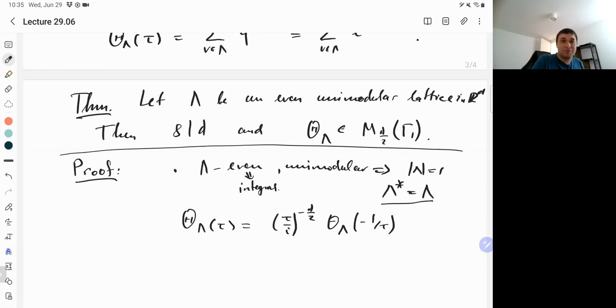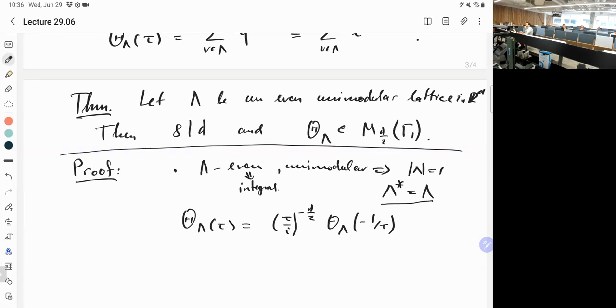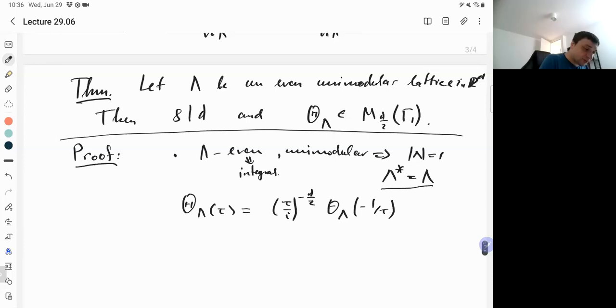If you look at the double dual lattice, the dual lattice is sandwiched between the two, but since the covolume is 1, it's actually equal. It's a fairly simple exercise. Thank you. Even also implies integral, which is also a simple exercise: if you only have norms that are even numbers, then all inner products are integer values.